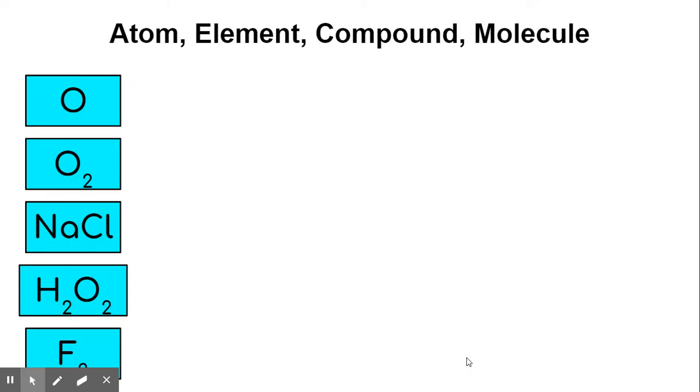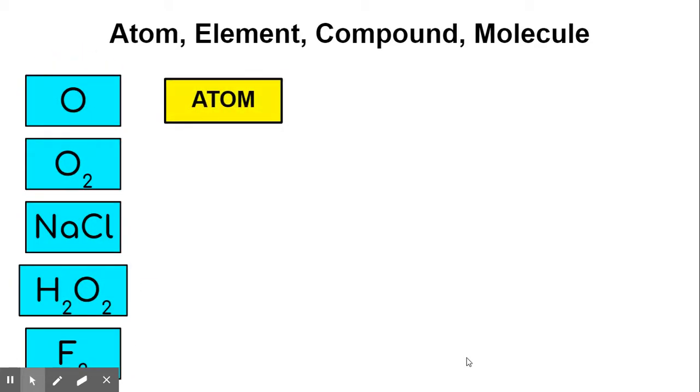So we'll look at these five different chemical formulas and decide whether they are atoms or elements, whether they are compounds or molecules, and then what their name is. So looking at the one at the top, O, this is an atom.